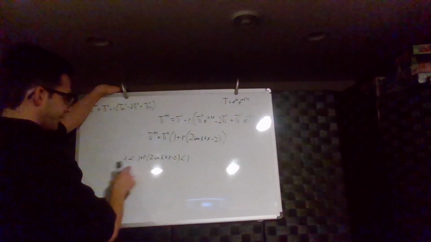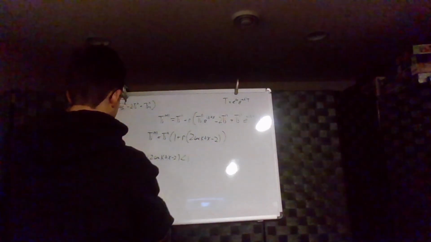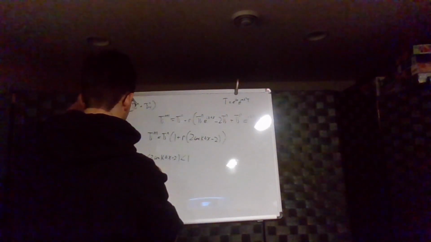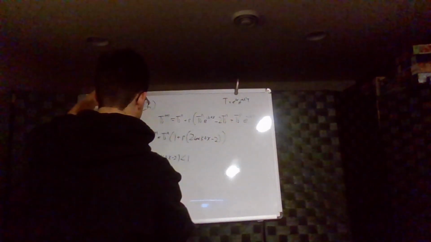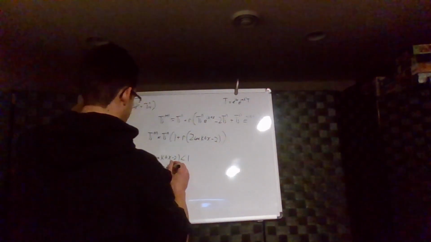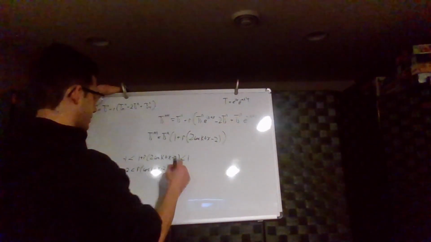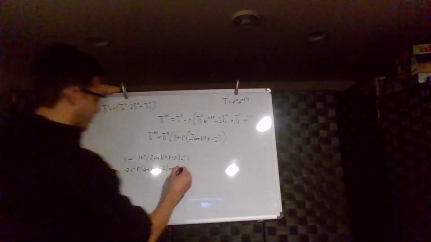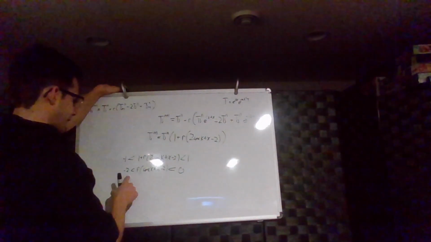Doing a little bit of algebra, let's subtract 1 from both sides. 2r(cos(k Δx) − 1) has to be between, we subtracted 1, now between 0 and negative 2.